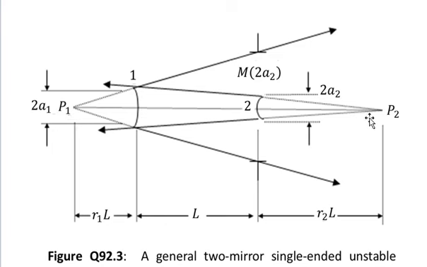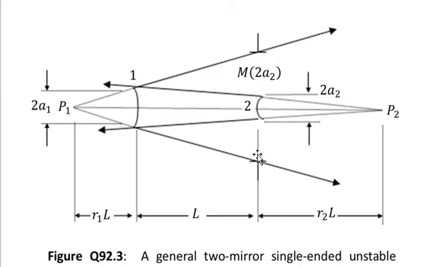So you see that when the light from the P2 point is incident on mirror 1, the light is reflected back towards mirror 2, but with magnified diameter. The magnified diameter after one pass will be equal to capital M times 2a2.